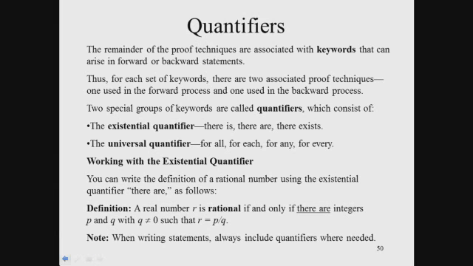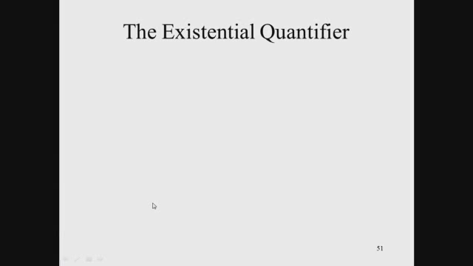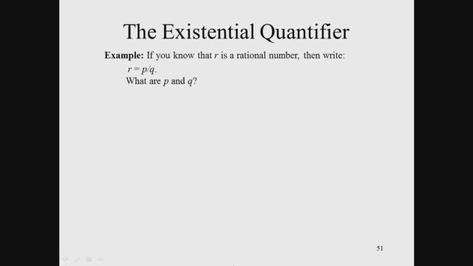Now when you write statements, you always want to be conscious of whether you should include quantifiers. So for example, if you know that r is a rational number, you might write something like this: r equals p over q. And if you were to write it this way, there would be a problem, because when you write r equals p over q, the symbols p and q are undefined. What are they? You may know what they are, but you haven't written them down.